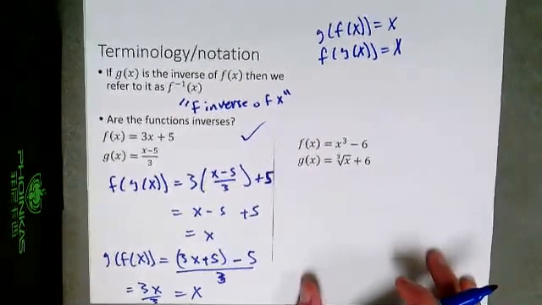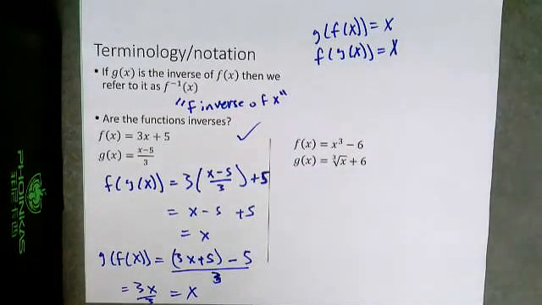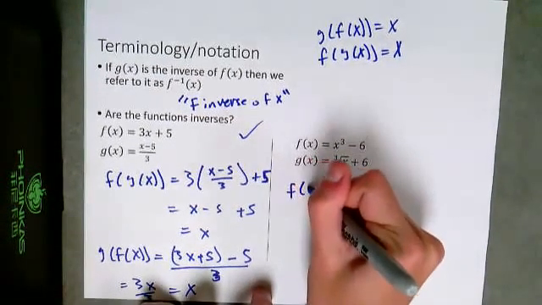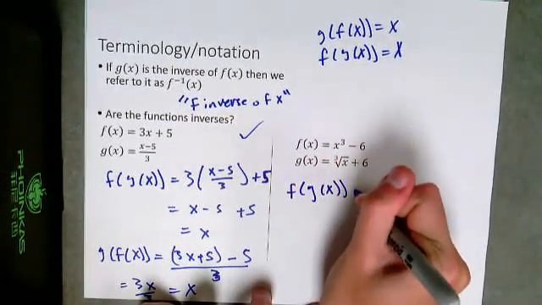What about the other example? f of x is equal to x cubed minus 6, and g of x is equal to cube root of x plus 6. All right, let's look at f of g of x.